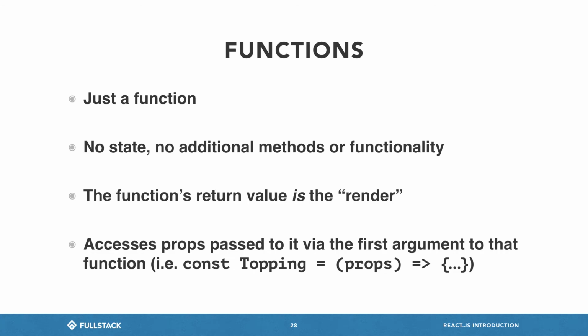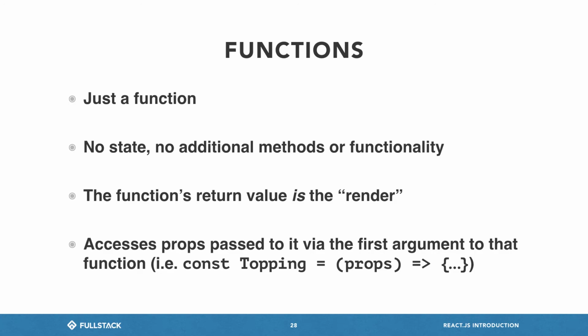A function component, on the other hand, is not a class. It's just a function. It's still going to create a component. React is smart about the rendered JSX that's coming back, and it will treat it as a component, but it's still just a function. Props go in, JSX comes out. It can't do anything else. It doesn't have any state. It can't have any additional methods or functionality.